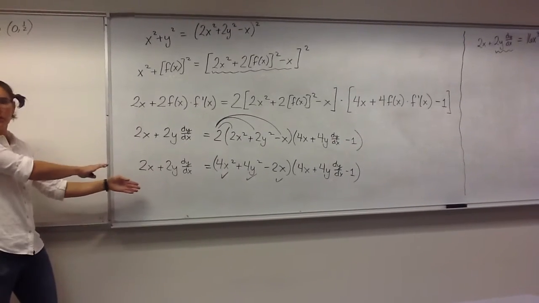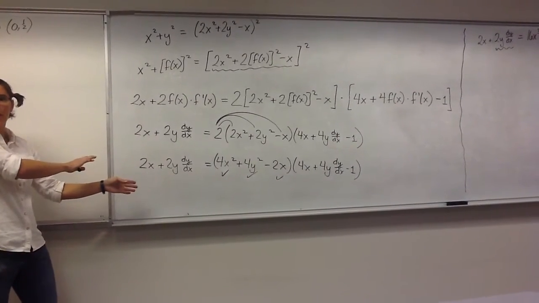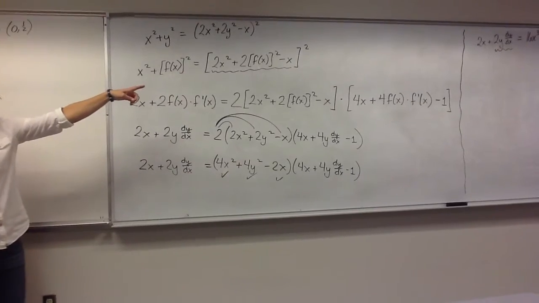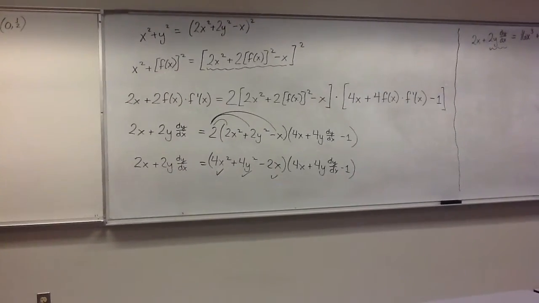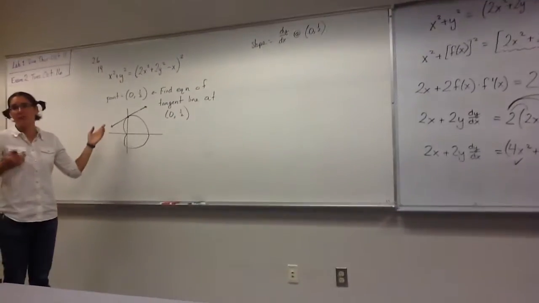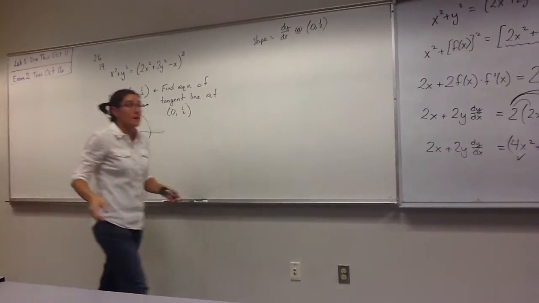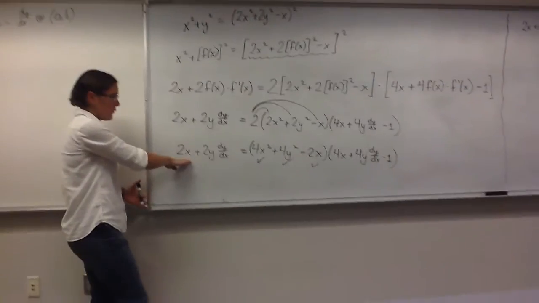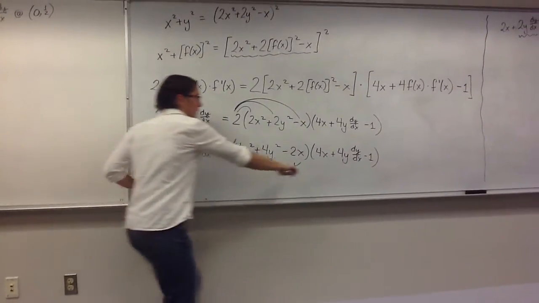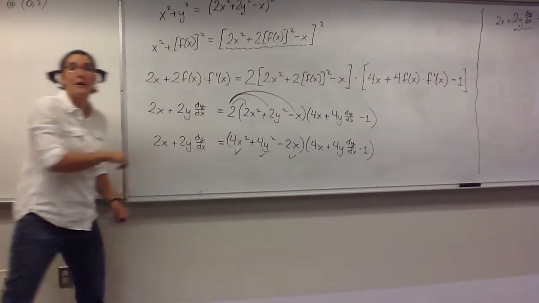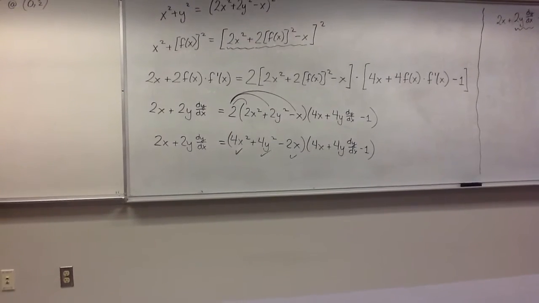So in that case, we could do that right away. That would absolutely be fine. I'm going to keep going with this one because it's going to give us a slope at any point that we want, and that'll be useful if we have more than one point. But you're right, because we're looking at specific points, 0, 1/2, we can plug in those values here and solve for dy dx, and it might make the algebra a little bit easier.